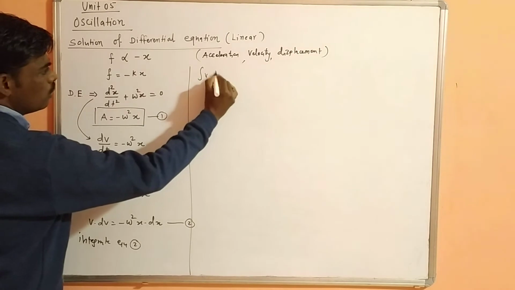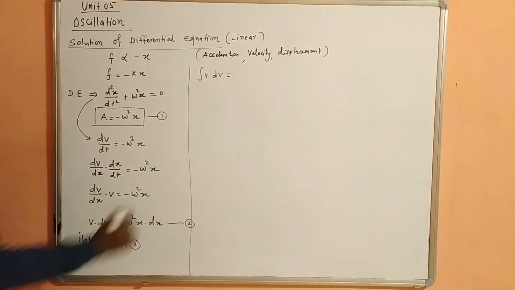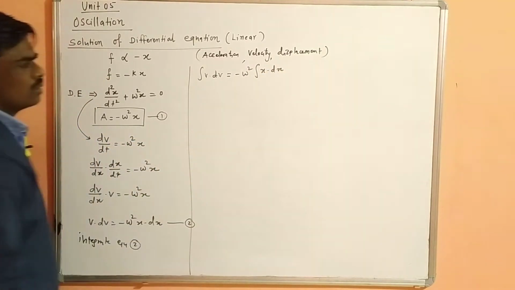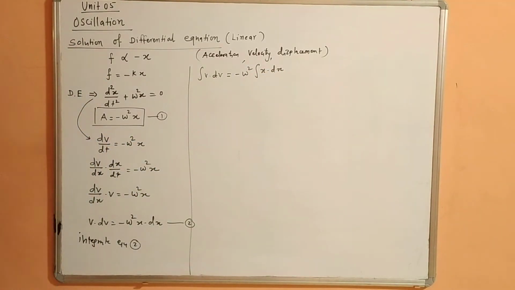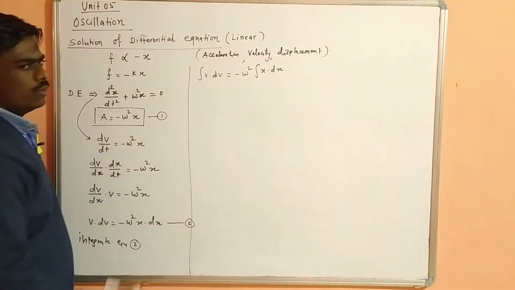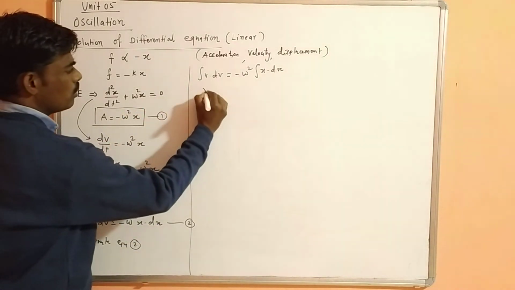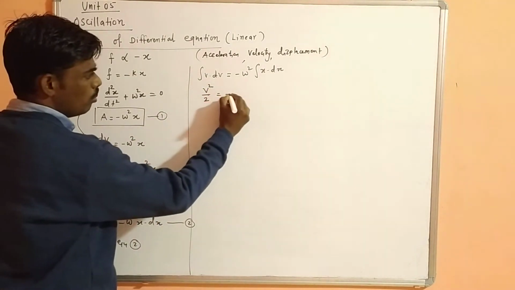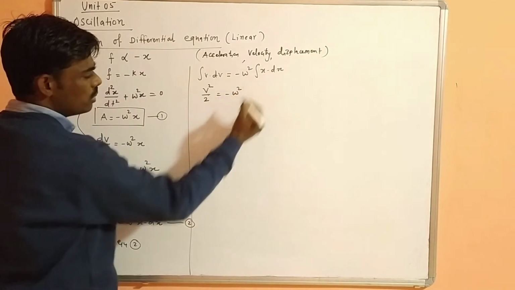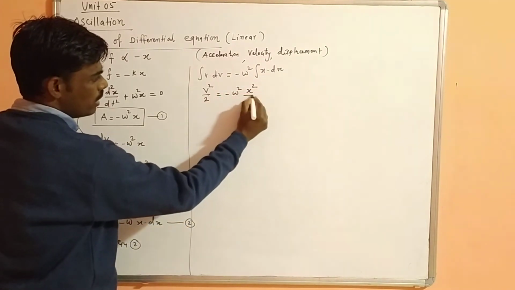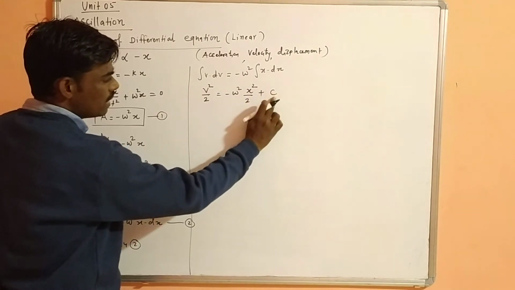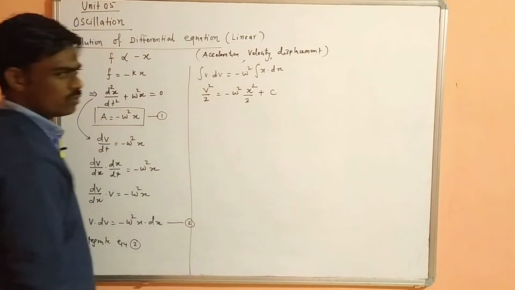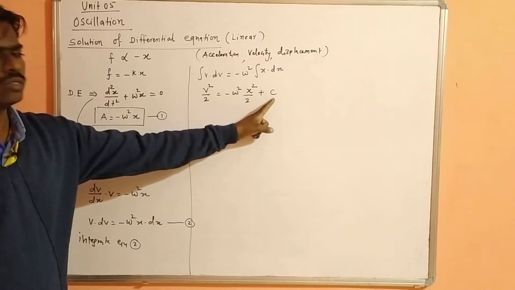Integration of v into dv is equal to minus omega square integration of x into dx. Integration of v into dv is nothing but v square by 2 is equal to minus omega square integration of x into dx, it becomes x square by 2 plus c. I will take here c, constant of integration. Why? Because these are indefinite integrals. Therefore, I take constant c.